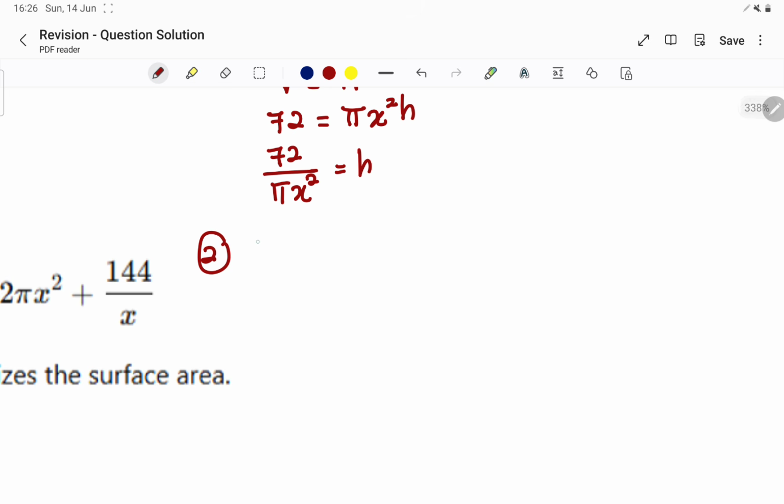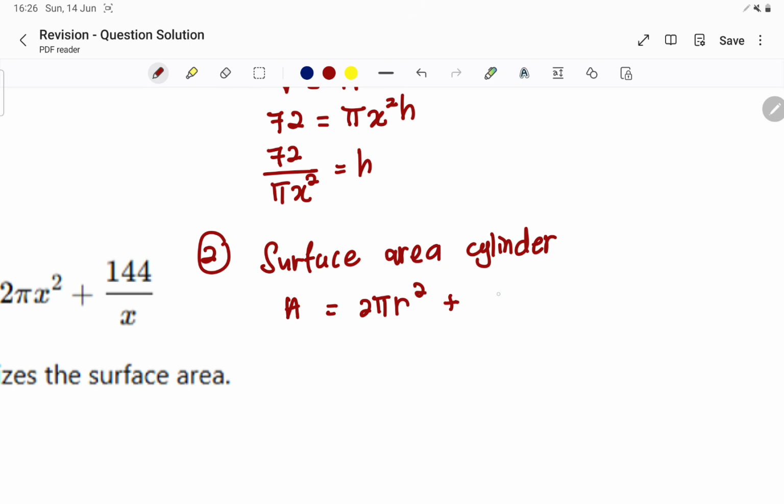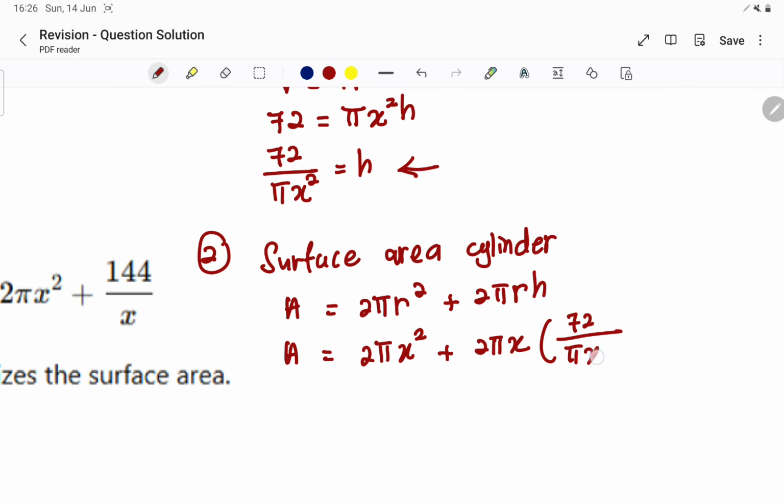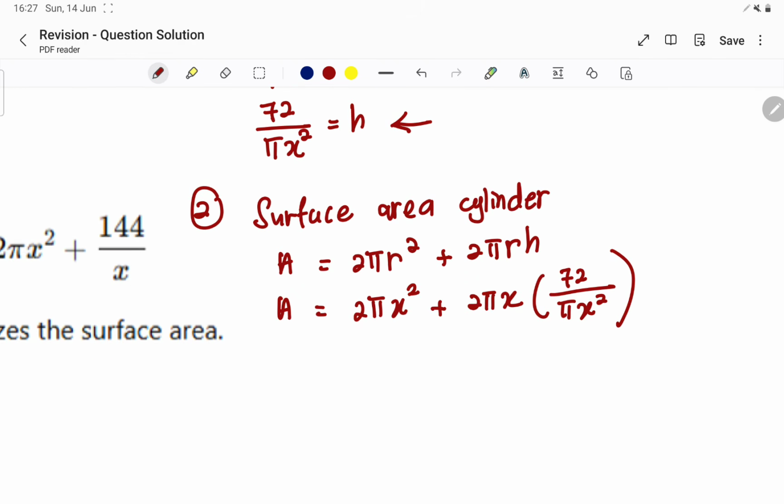The formula for the surface area of a cylinder is A equals 2 pi r squared plus 2 pi r h. Here the radius r is our x, plus 2 pi times x, and h we already got, which is 72 divided by pi x squared. Now you just have to cancel.